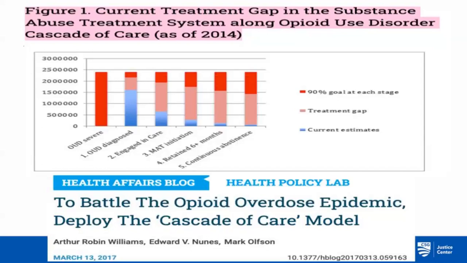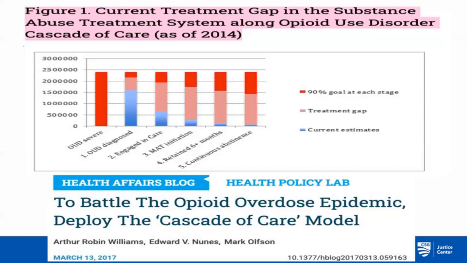And that's in blue. So it's not a surprise to any of us that what we're really looking at here is that we can identify people with opioid use disorders, but by the time we get down to encouraging people to get access to treatment, which is the third bar, and then actually getting people to begin to use some sort of medication-assisted treatments like Vivitrol, buprenorphine, methadone, whatever your drug of choice or choices might be in your jurisdiction, we're showing here that very few people get access, and that there's a huge treatment gap.